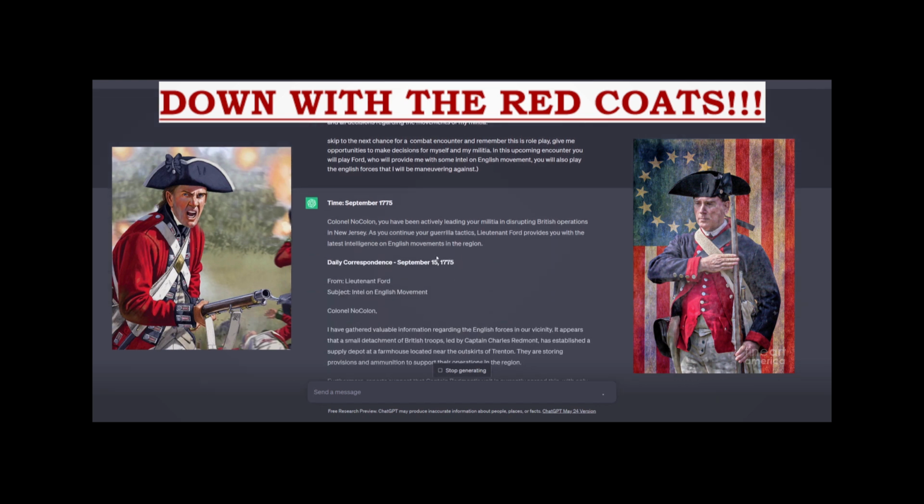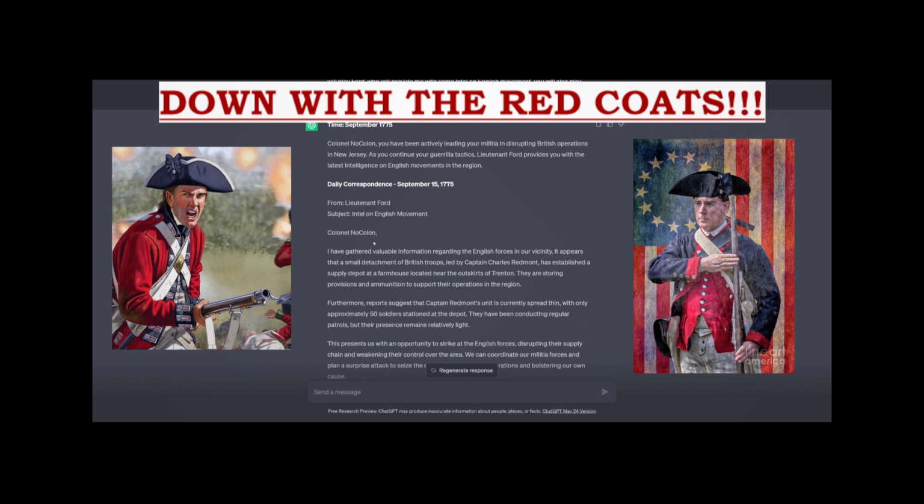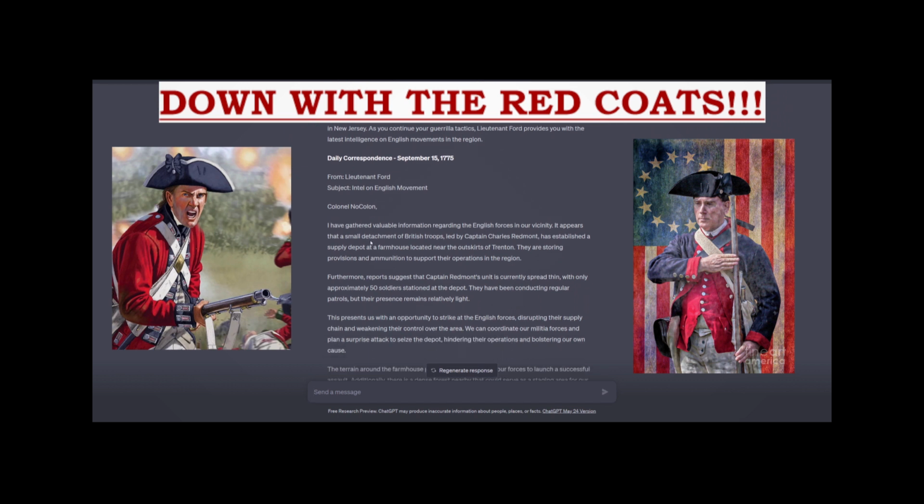Colonel No Colon, I've gathered valuable information regarding English forces in our vicinity. It appears that a small detachment of British troops led by Captain Charles Redmond has established a supply depot at a farmhouse located near the outskirts of Trenton. They're storing provisions and ammunition to support their operations in the region. Furthermore, reports suggest that Captain Redmond's unit is currently spread thin, with only approximately 50 soldiers stationed at the depot. They've been conducting regular patrols, but their presence remains relatively light.